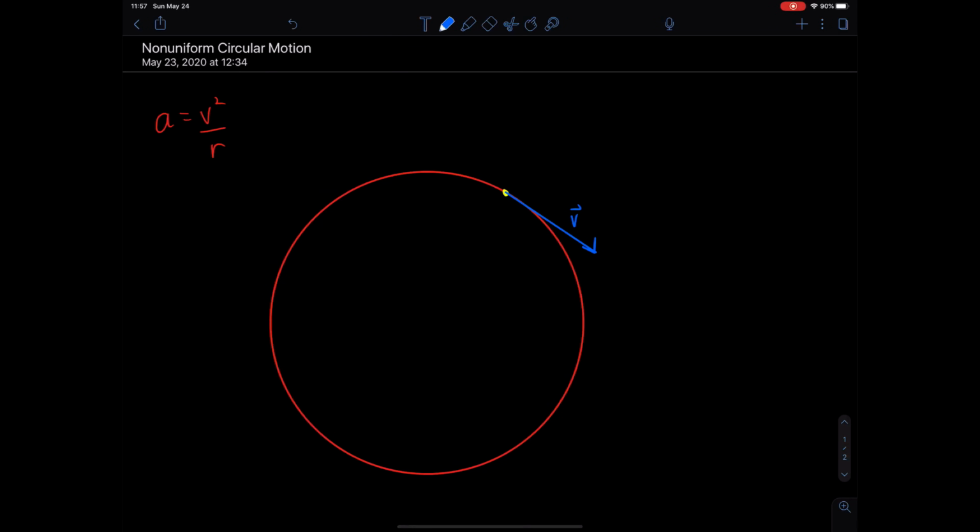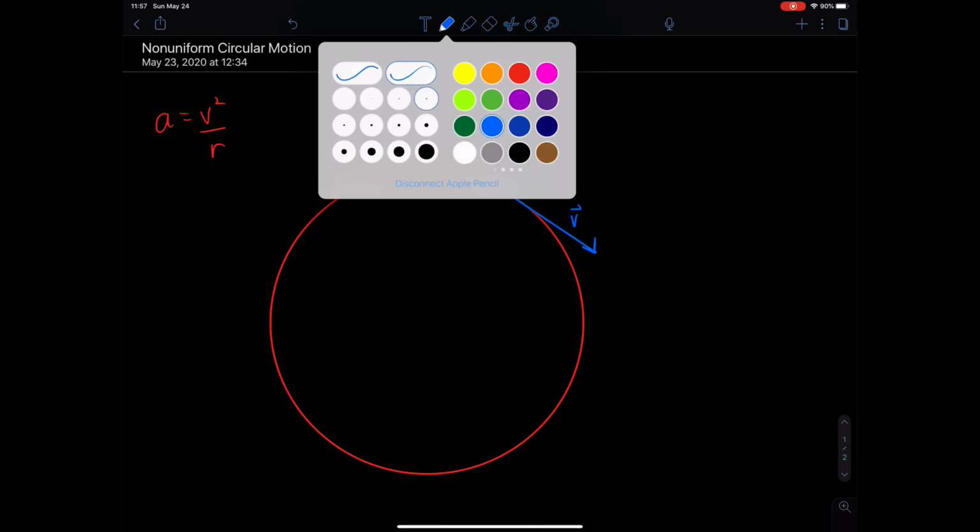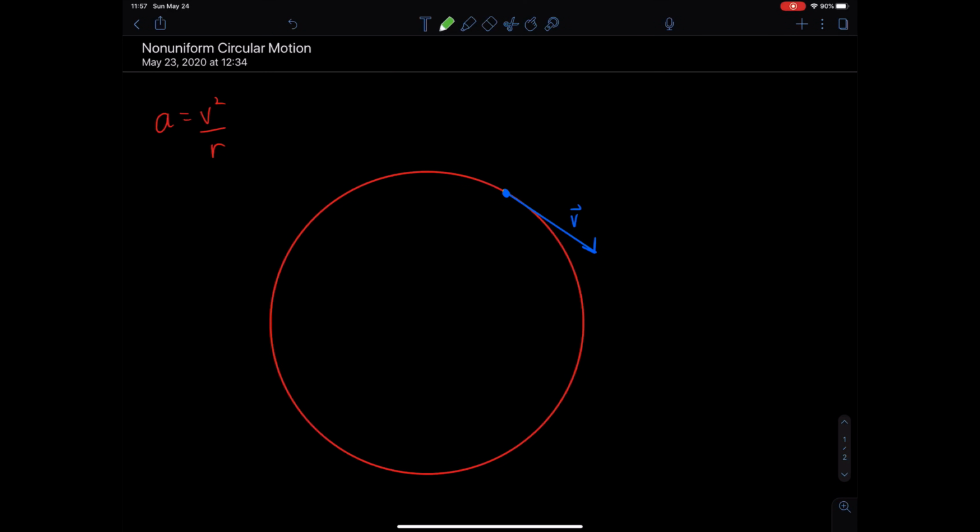So at this particular point right here, I have some acceleration that is opposite the direction of my velocity. So I have some piece of acceleration that is going in exactly the opposite direction. Now, this is only true when you have this non-uniform circular motion, when the speed is changing, when the magnitude of your velocity is changing.